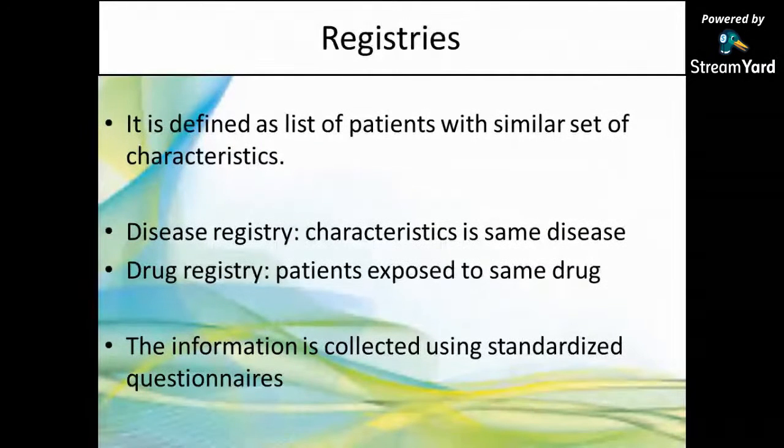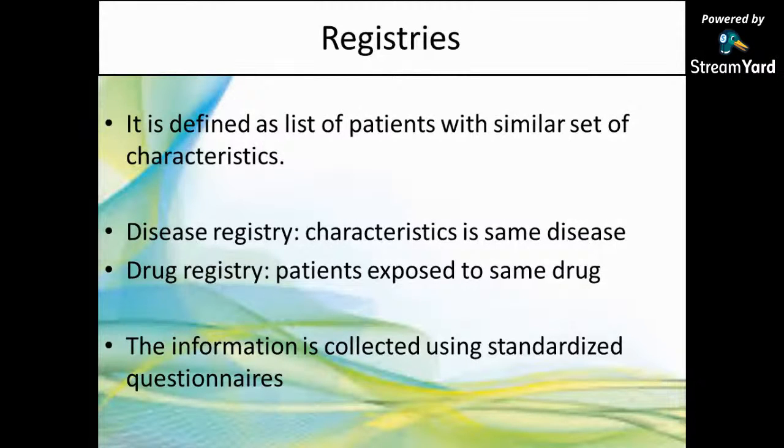What is a disease registry? A disease registry contains all the patients having similar characteristics in the same disease. So it's a disease registry where the characteristic is the same about the disease.